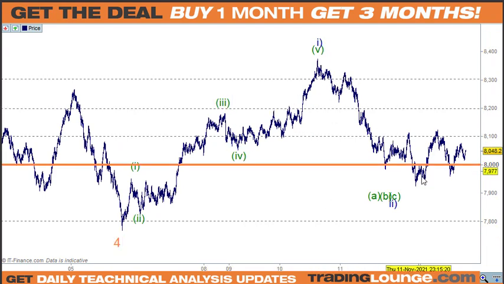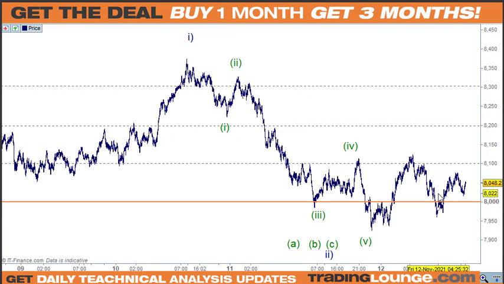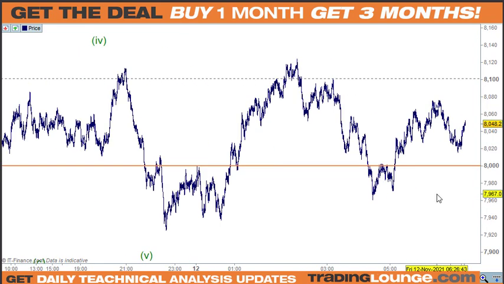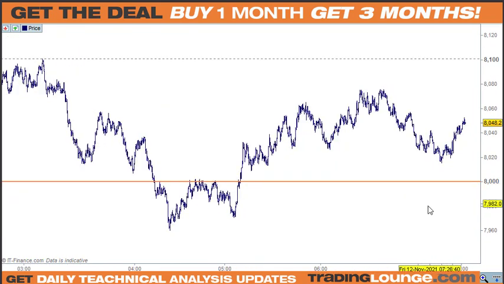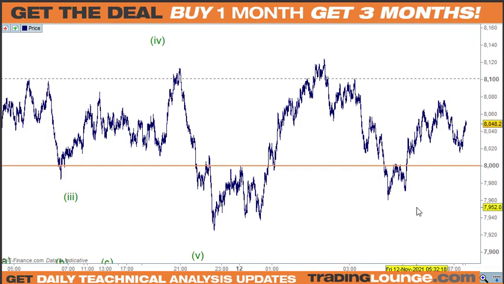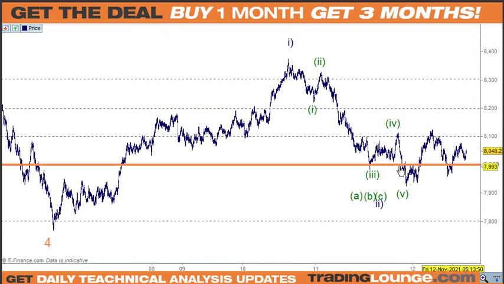This is very clear as an impulse wave down here. Well, certainly finding support on this major trading level here.